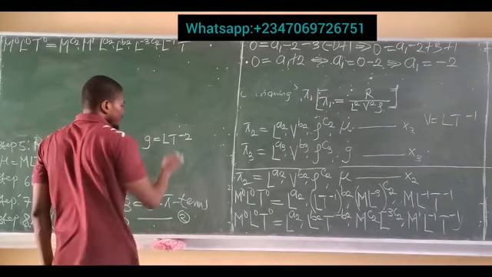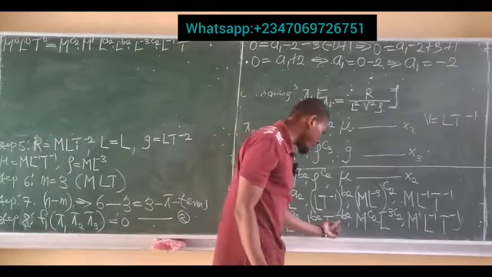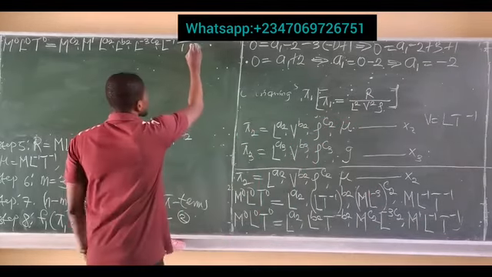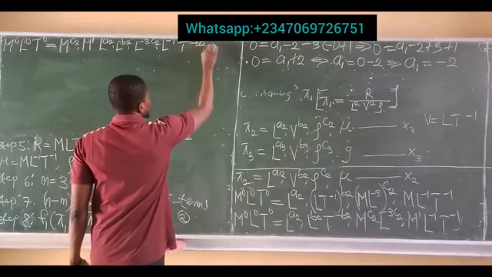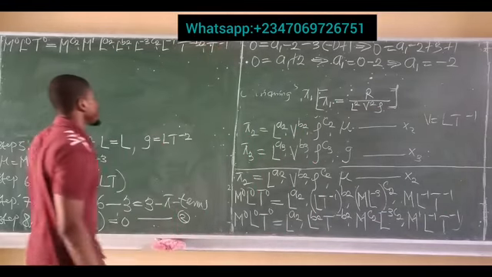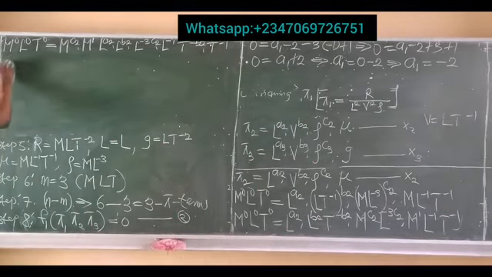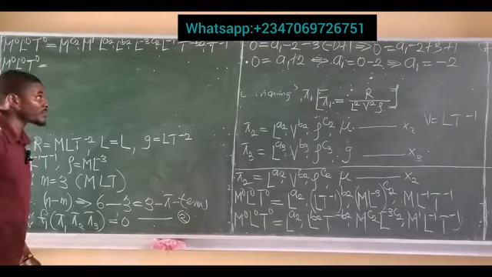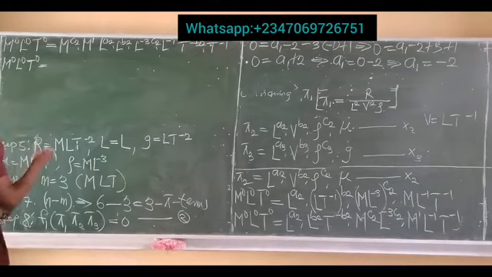Finally, we move to T. I have T to the power of minus B2 here, and I have T to the power of minus 1. So T to the power of minus B2 times T to the power of minus 1. Okay, so M to the power of 0, L to the power of 0, T to the power of 0 is now equal to, so from the principle of indices, remember, pick one of the terms and add up their powers.